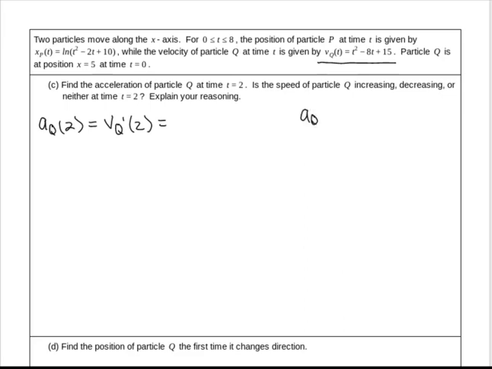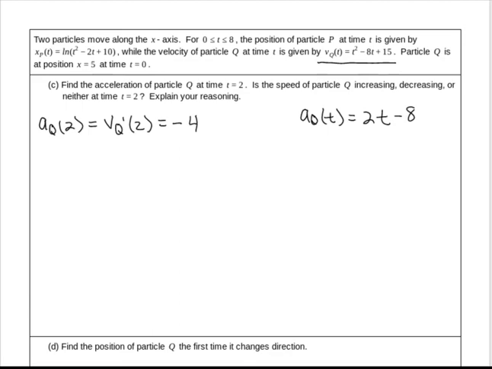So AQ of t is going to equal 2t minus 8. If we plug 2 in there, we get 2 times 2 is 4, minus 8 gives us negative 4.